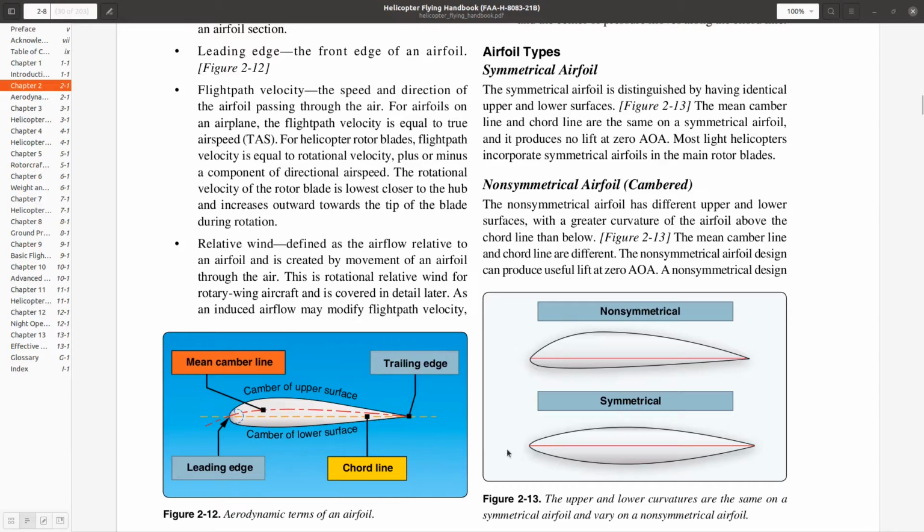So if there's no angle of attack here, then there's no lift being produced. So if you have your rotors spinning, but the rotors are flat, it doesn't produce any lift. You're never going to leave the helipad, is basically what that means.